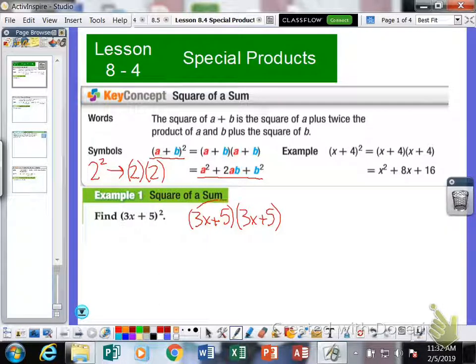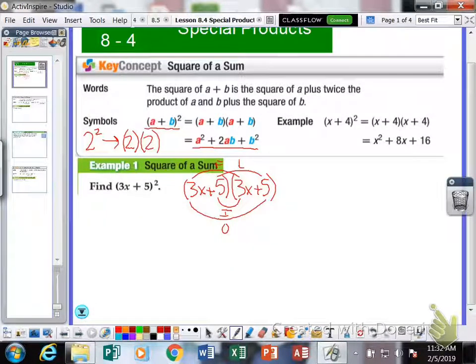Remember, it's first, outer, inner, and then last. Using our FOIL method, we get 3x times 3x is 9x squared. 3x times 5 is 15x. 5 times 3x is 15x.